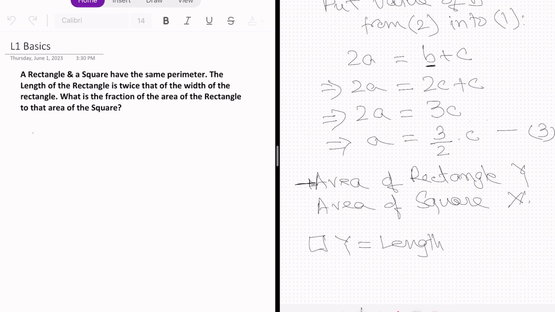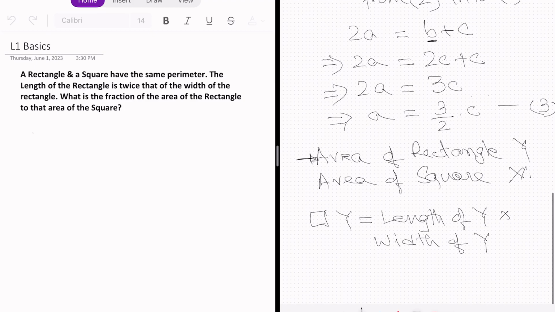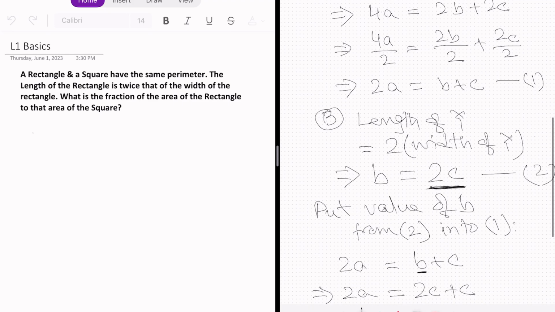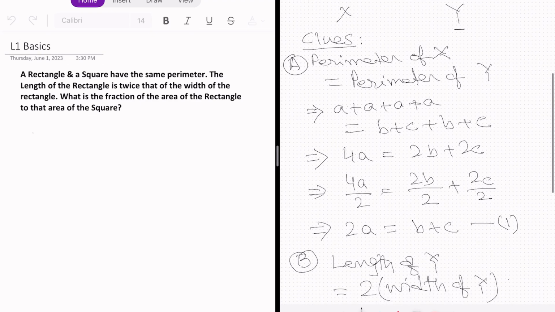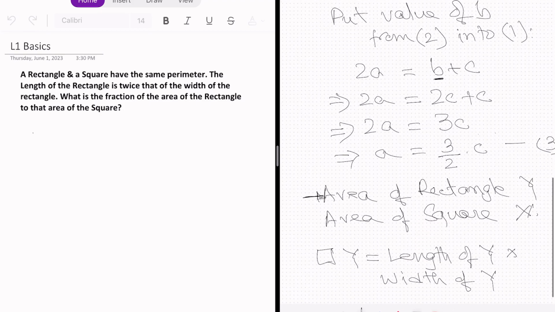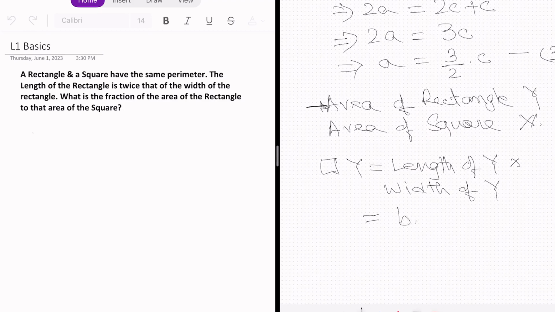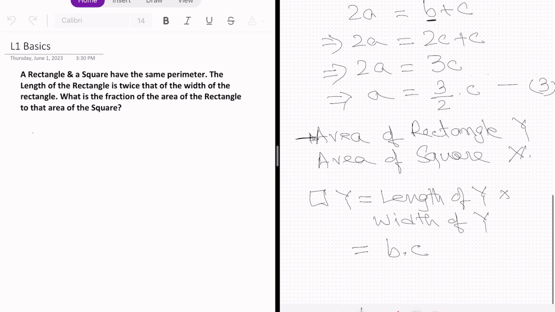Area of rectangle y is nothing but the length of y multiplied by the width of y. And we have assumed that the length of y is b and the width of y is c. So the area of rectangle y is b multiplied by c.